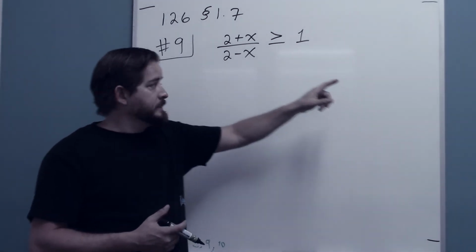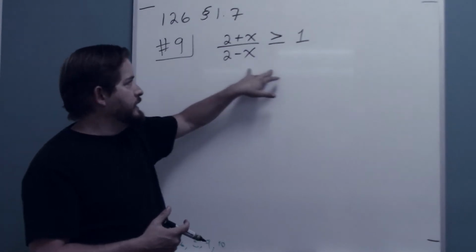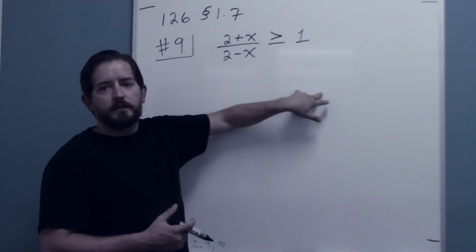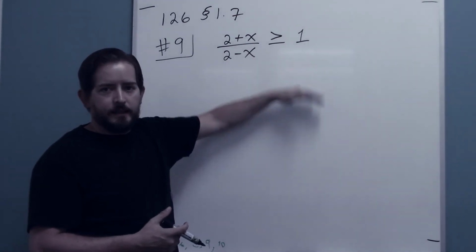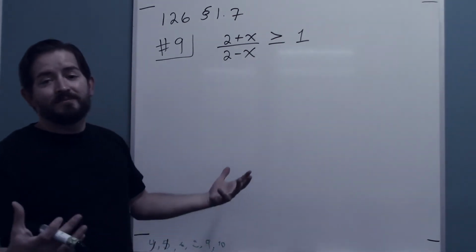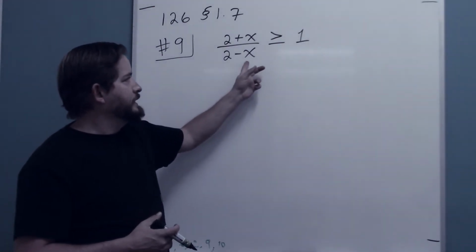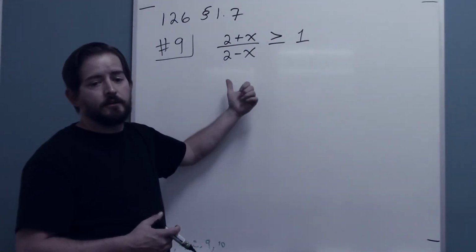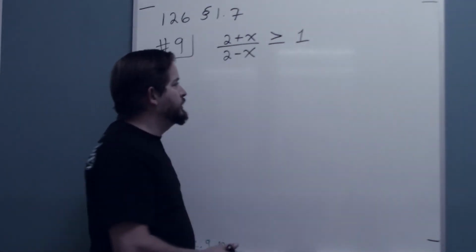But the problem is I don't know if 2 minus x is positive or negative. If it's positive, I can do that and I'm fine and carry on. But if it's negative, I need to flip this sign and then I can do that and carry on. But again, x can be anything, so it's hard to define whether this 2 minus x is positive or negative from the get-go. So instead of doing that, what I'm going to do is subtract 1 from both sides.